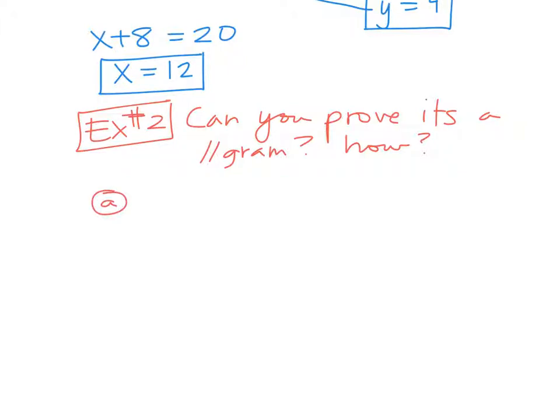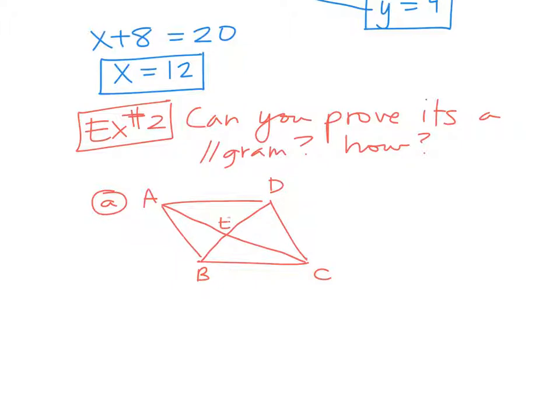So I'm going to give you 4 different pictures here. Let's say in this first one, your picture is A, B, C, D. And where they meet in the middle here is E. Okay, if I tell you this is 14, this is 14, can you tell that's a 4?